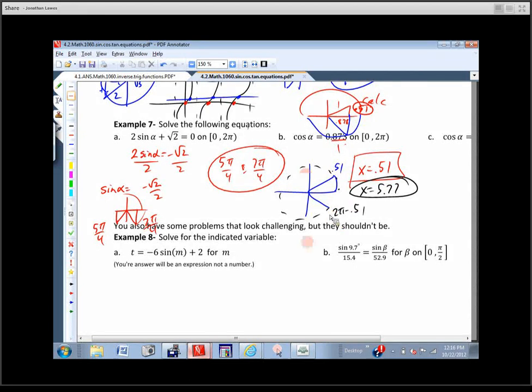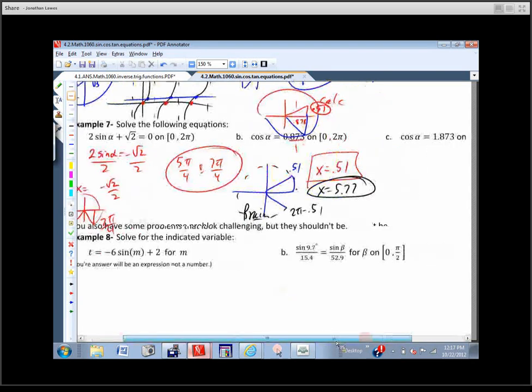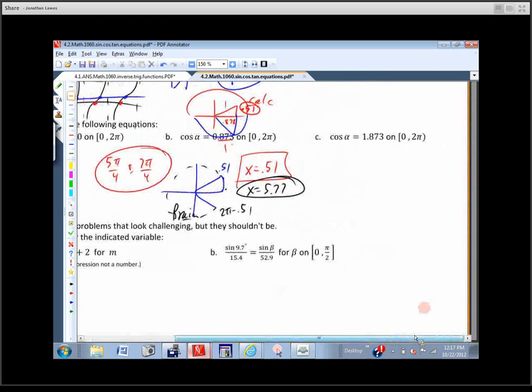If all the way around the circle is 2 pi, what would that be in decimals? 6.28. That's a little bit shy of 6.28. That looks pretty reasonable, right? Again, your brain's got to figure this stuff out. You cannot solve all these on your calculator. Good? Okay, do the last one, please.